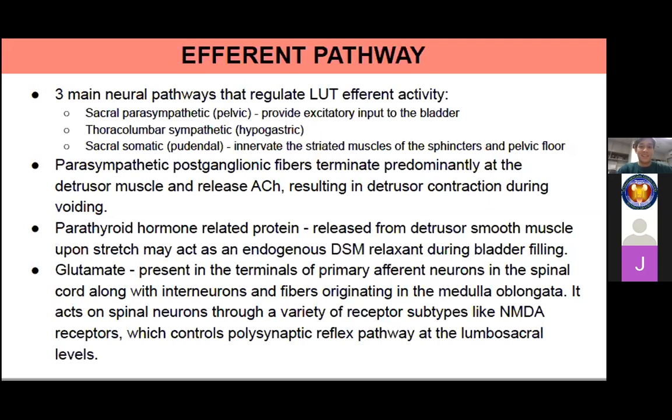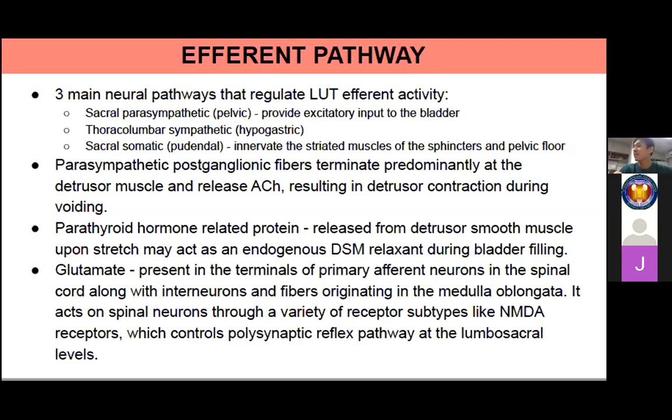Another molecule that can react to the pathway is the glutamate, which is present in the terminals of primary afferent neurons in the spinal cord, along with interneurons and fibers originating in the medulla oblongata.